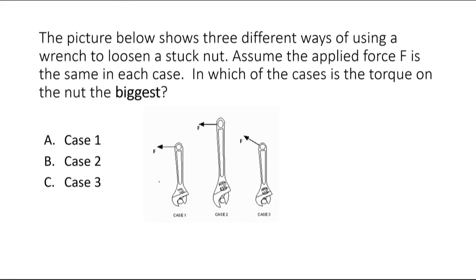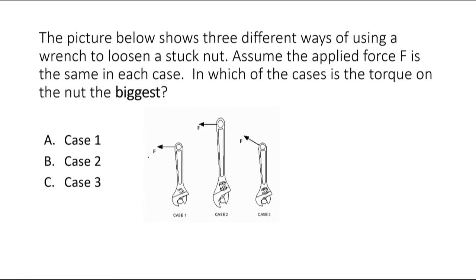All right, next we know that the torque is bigger for a bigger lever arm. That's like if you pushed on the outside of the door, it was much easier to get rotation than if you pushed on the inside. Okay, so just looking at these immediately then, I would say that case 2 has the biggest lever arm. It also has the biggest contribution from the angle because the force and the radius are exactly perpendicular to each other.